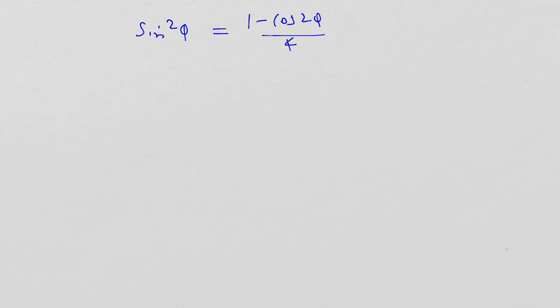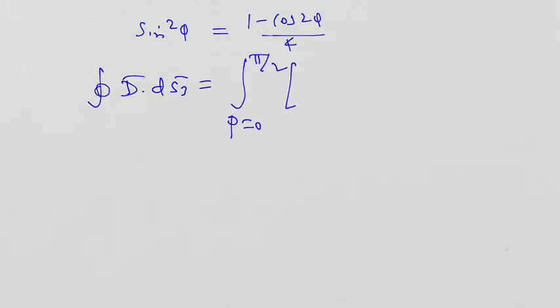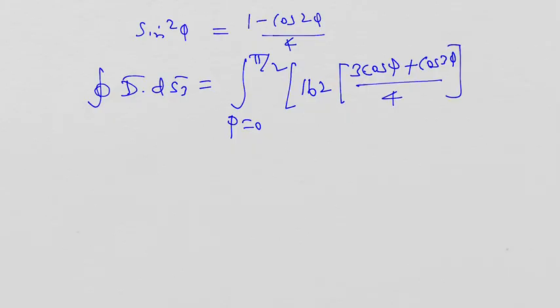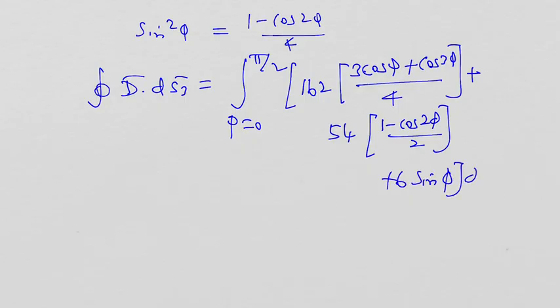If you start solving the expression, the surface integral of d dot ds3 becomes the integration of phi from 0 to pi by 2 of 162 times 3 cos phi plus cos 3 phi divided by 4, plus the next component 54 times 1 minus cos 2 phi divided by 2, plus 6 sine phi. The entire expression is to be integrated with respect to phi. When you solve it, it becomes 156.406.